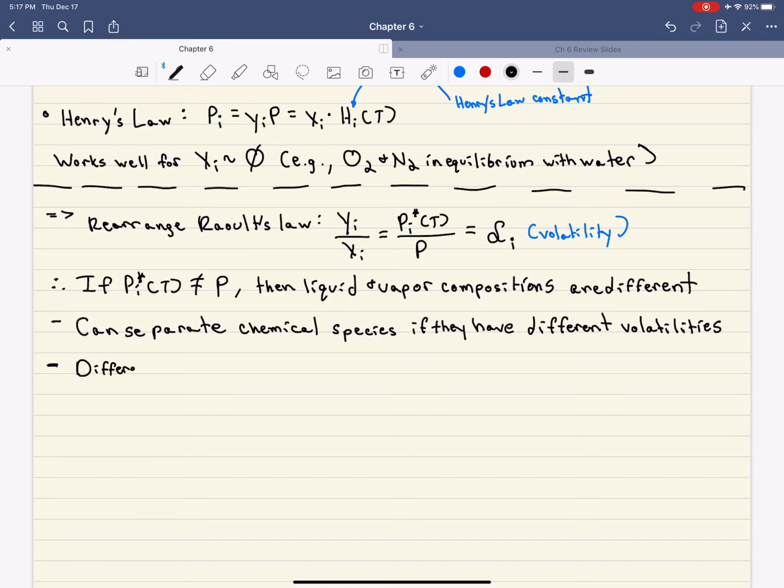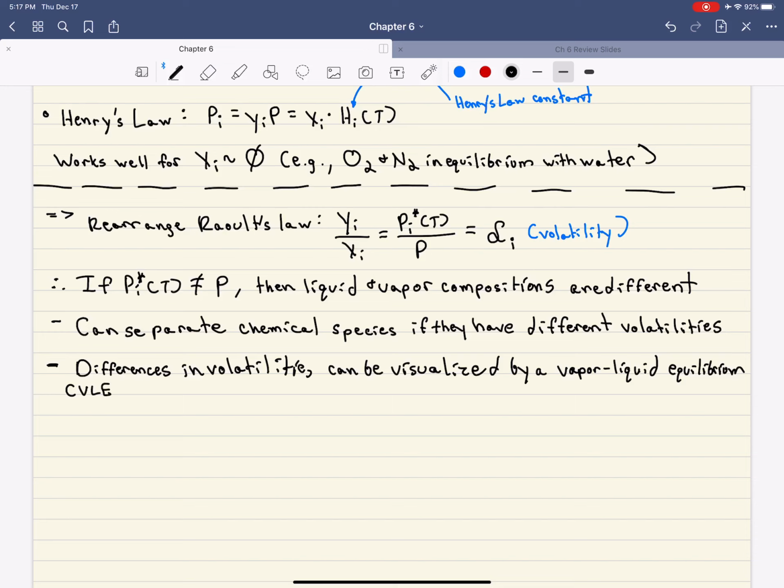So differences in volatilities can be visualized by a vapor liquid equilibrium, otherwise known as a VLE diagram. Okay?